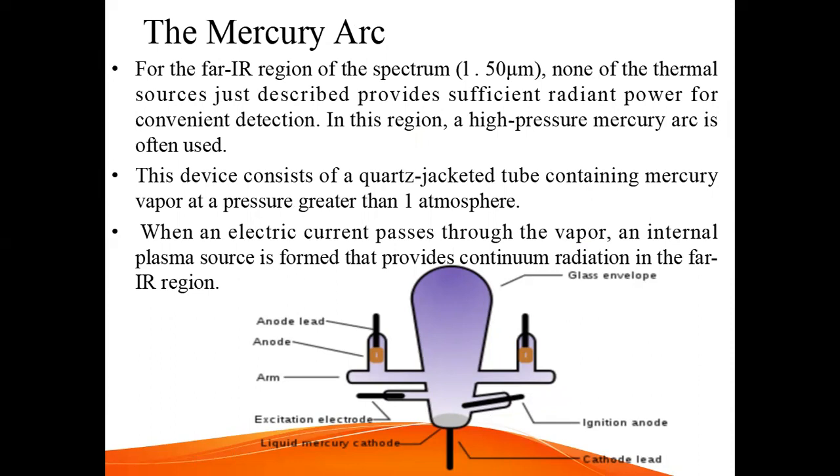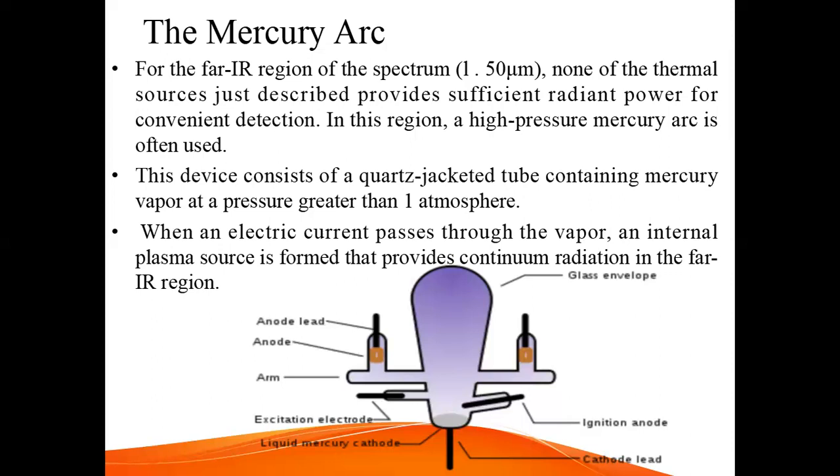And this diagram shows the mercury arc, and we can see it is in the form of a glass envelope. At the left side there is an anode lead, and it acts as anode. There is an arm also present, and at the bottom side an excitation electrode is present, and the liquid mercury cathode is present at the bottom side.